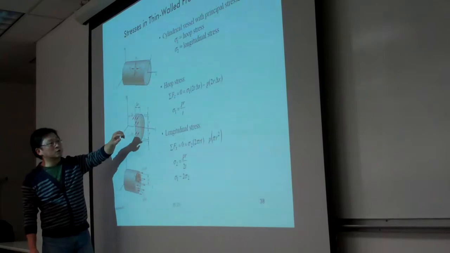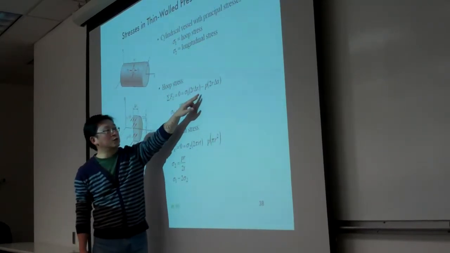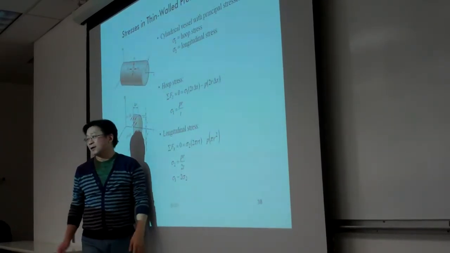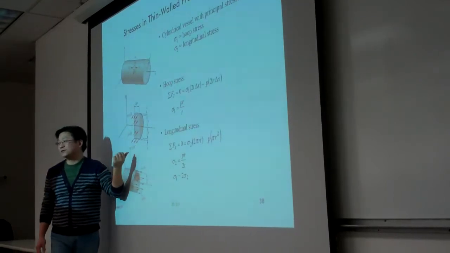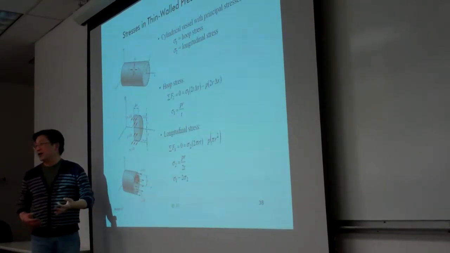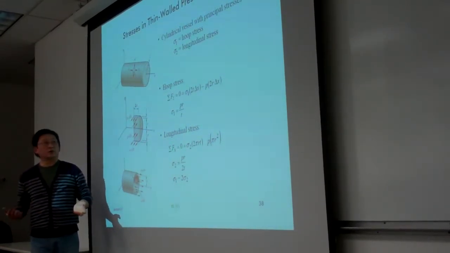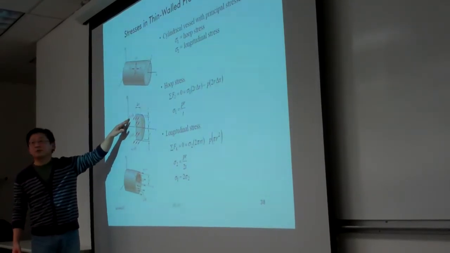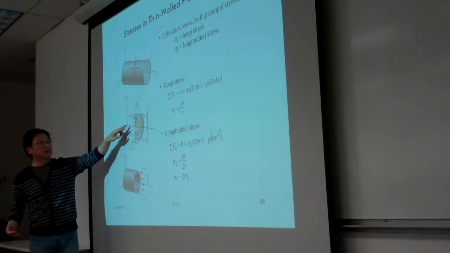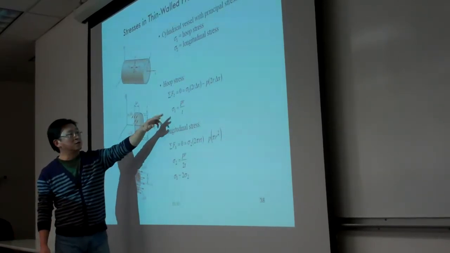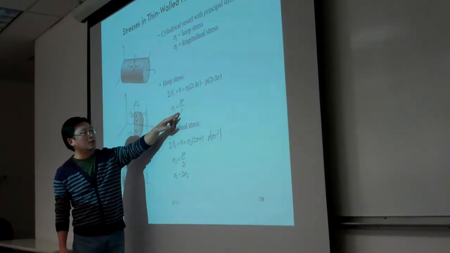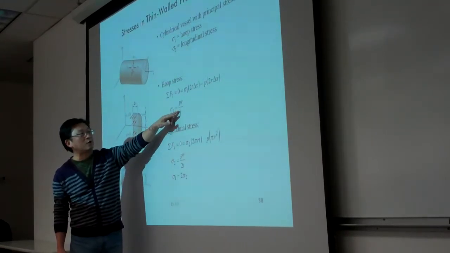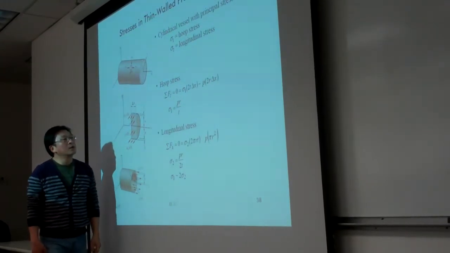So we put this into the equilibrium equation, nothing more. Here the pressure vessel only sits there under no other external loading, so we only have two stresses: the hoop stress, and then the pressure. Under this simple equilibrium equation, we can find PR over T is sigma 1.